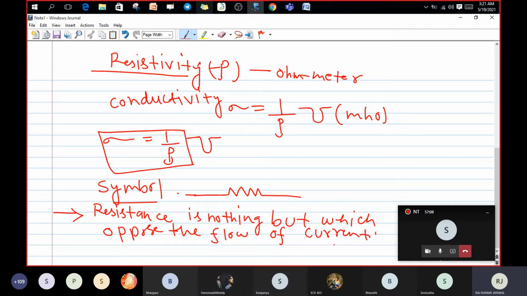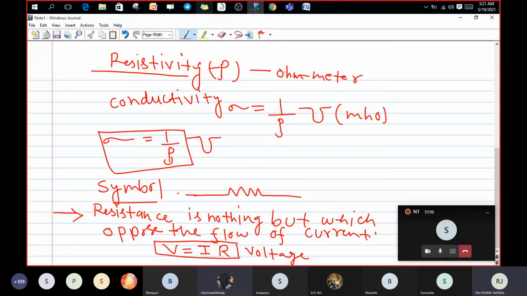Very good. Here we can represent it this way: V equals IR. This is the voltage. This is nothing but Ohm's law. We have to know the relation between the current and voltage in the resistance, so we have written this.